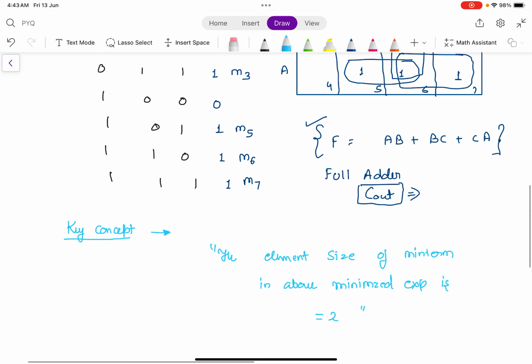You can see there is no minterm which has less than 2 width, or we can say size. This one also has 2, this one also has 2. I will denote this as size. Size here is 2, so every elemental minterm has size 2. There is no minterm which has less than 2.